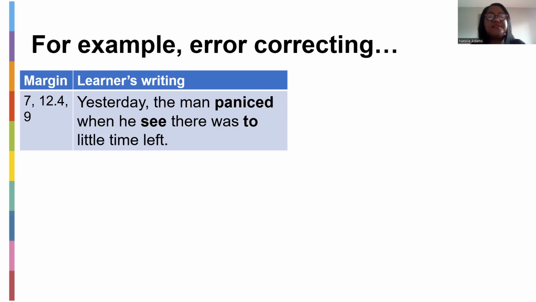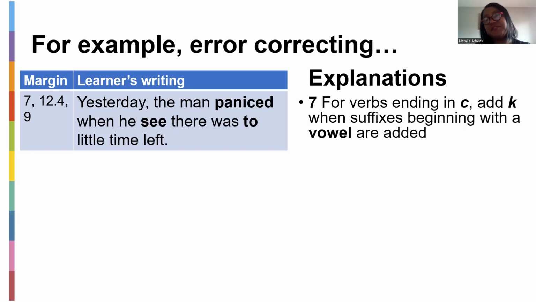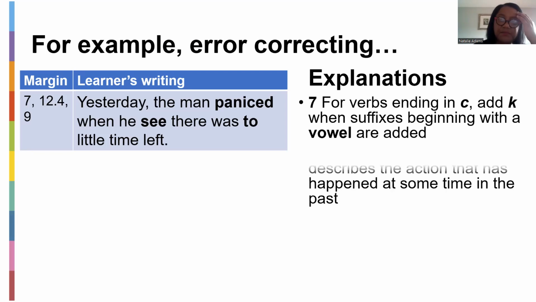So there are three mistakes. In the margin, you have 7, you have 12.4, and then you have 9. Okay. So example 7. So this is how you can do it. 7, the rule says for verbs ending in C, add K when suffixes beginning with a vowel are added. So that's just the rule.